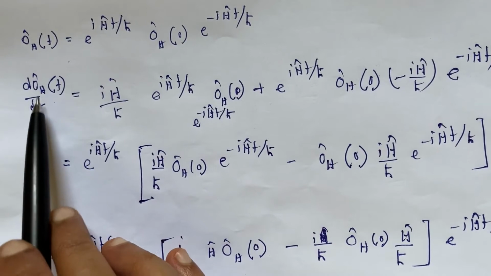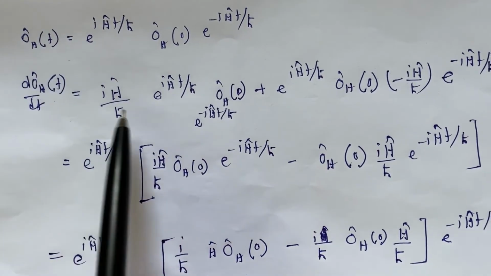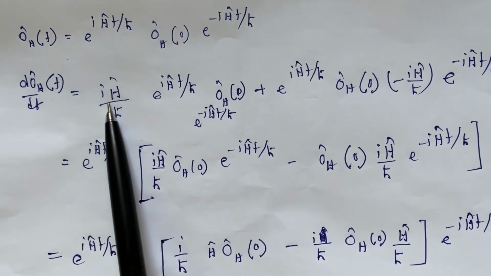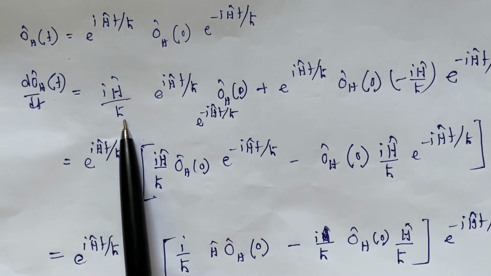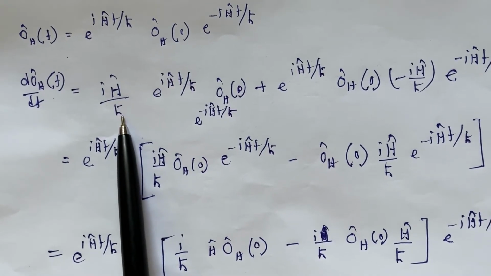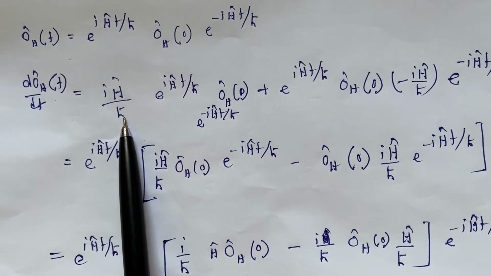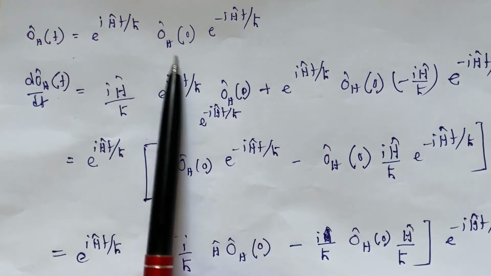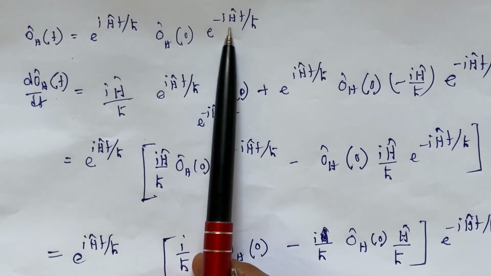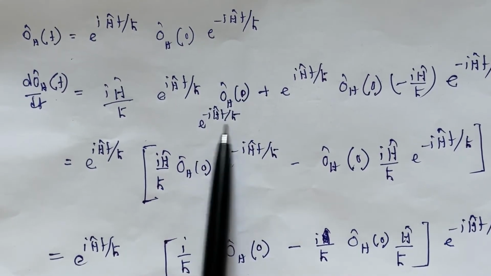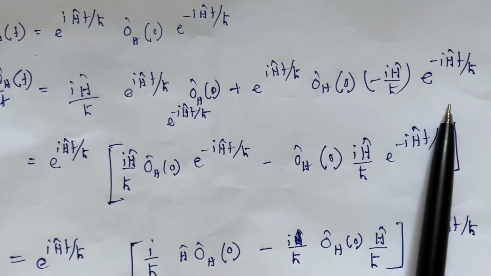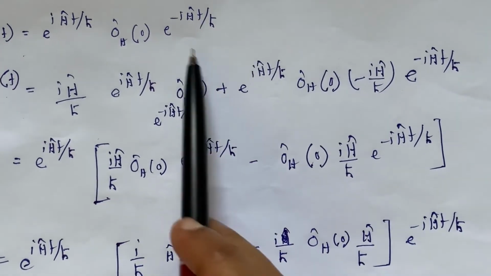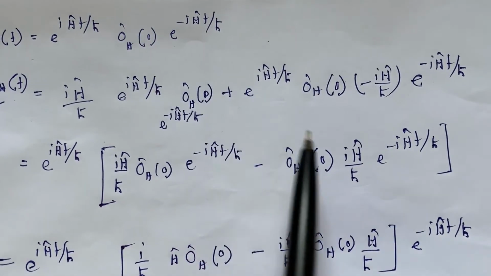When I do d/dt of this operator O, first I take the derivative of this with respect to time. It gives me i Hamiltonian operator by h cross, where h cross is Planck constant by twice pi, and e to the power iHt by h cross, then the operator O_H, then e to the power minus iHt by h cross, which remains the same. Second term, we take the time derivative of this e to the power minus iHt by h cross.